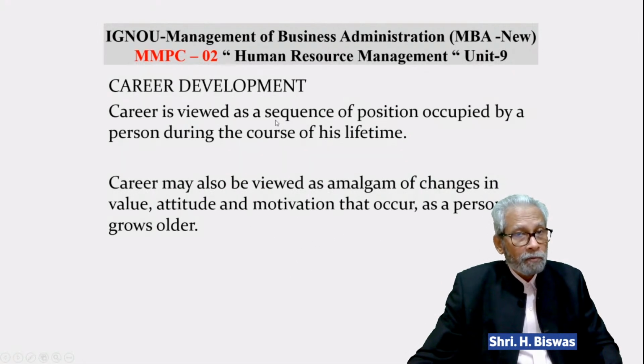So for career development purposes, if something falls short, you have to provide the things. So as the HR manager, you have to be careful about both the things: career viewed as a sequence of positions, and also his value and attitude. Both the things are thoroughly required, as a human being, when you are really older.